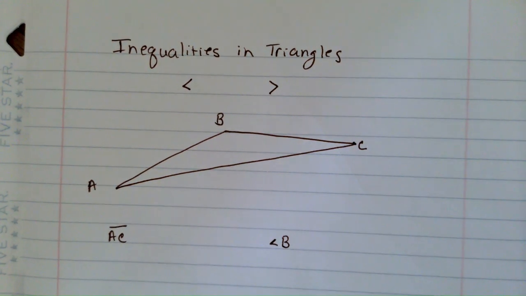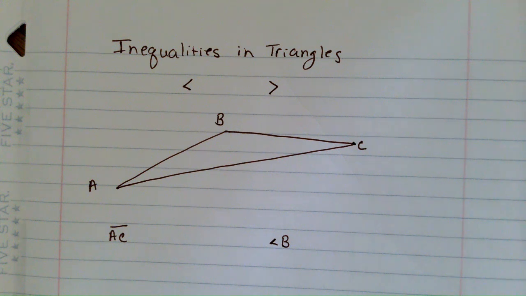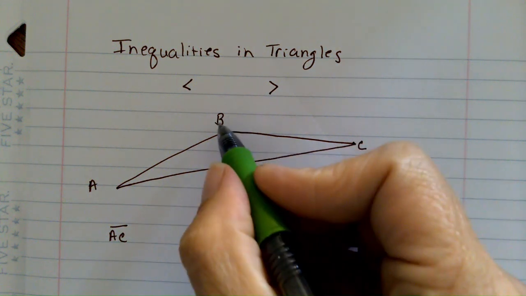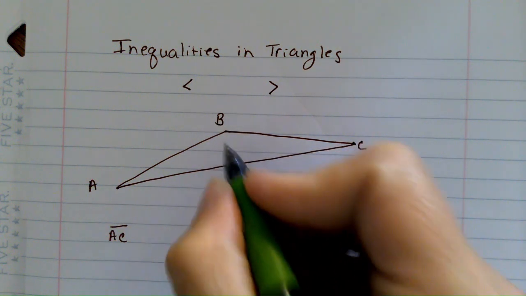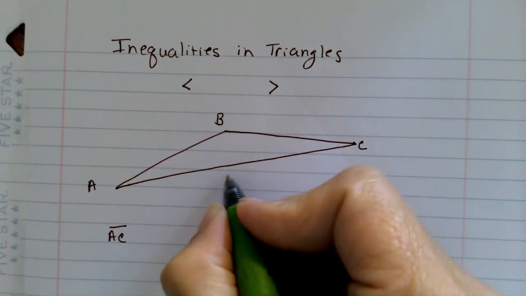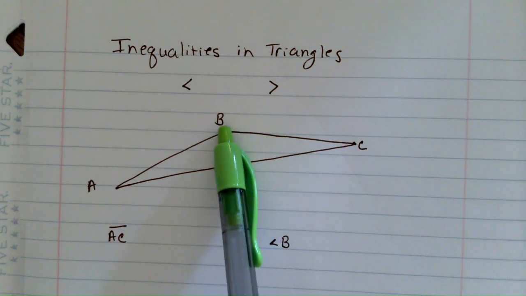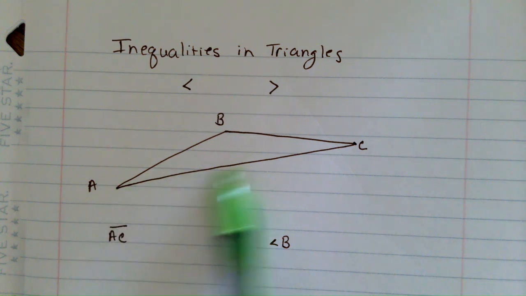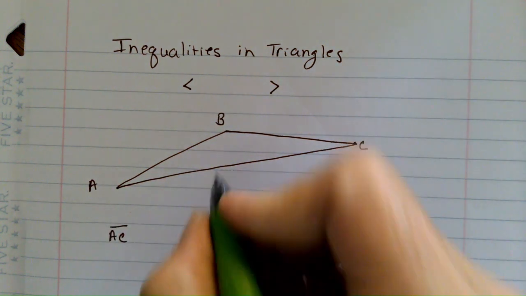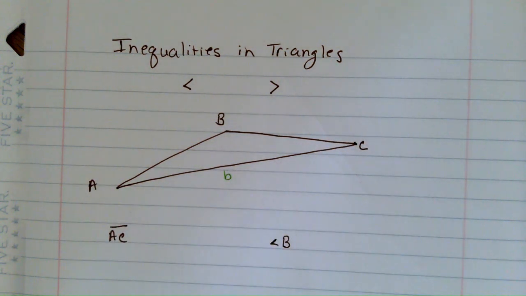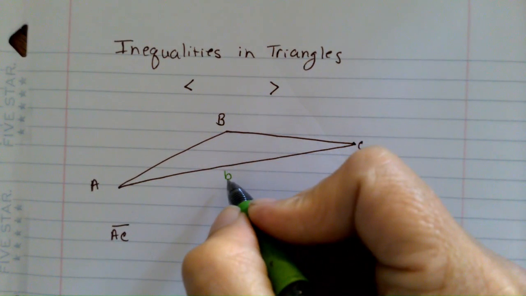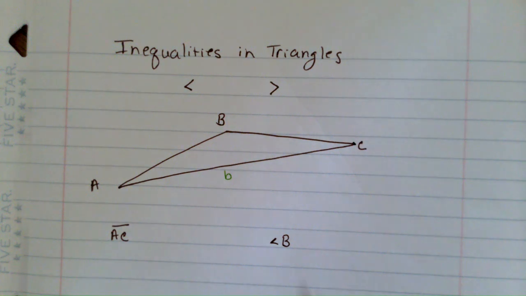Because this is a capital B, it opens up to this side, because that's how wide the mouth is open. If you look at the top of the mouth and the bottom of the mouth, to connect the sides of the mouth we'd have to connect this part. So those things are related. So it's no surprise that angle B and side AC are both the largest here in this case.